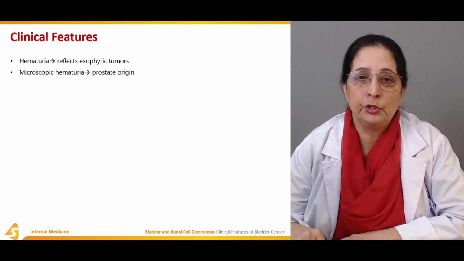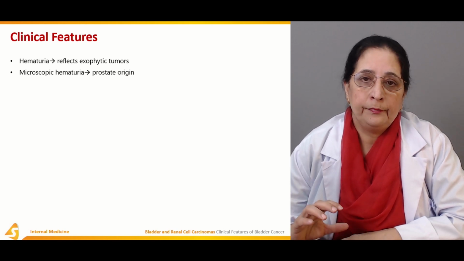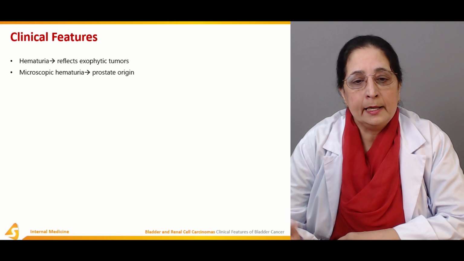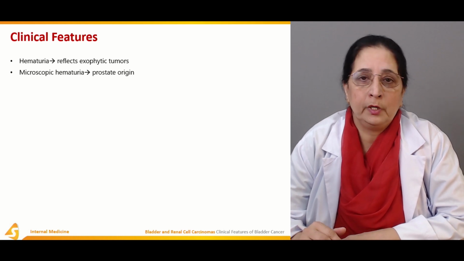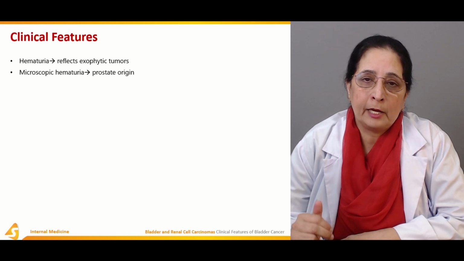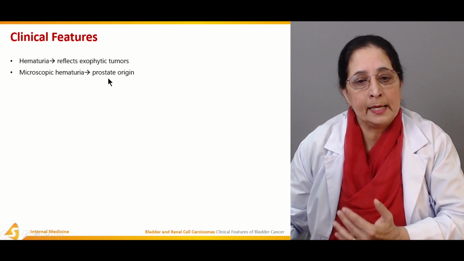Microscopic hematuria is usually prostate in origin. If the hematuria is not visible to the naked eye, it is microscopic hematuria, and usually the cause is the prostate in males.